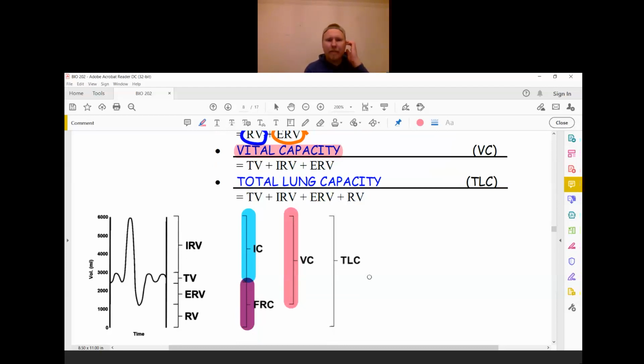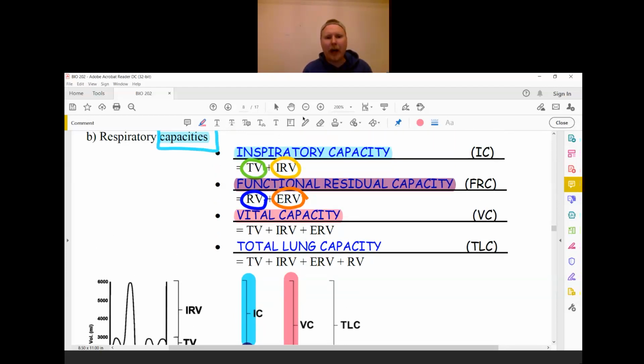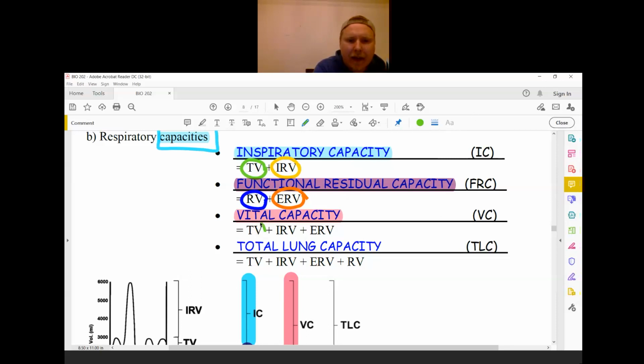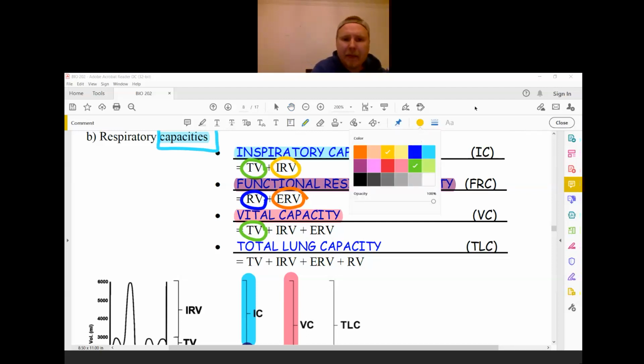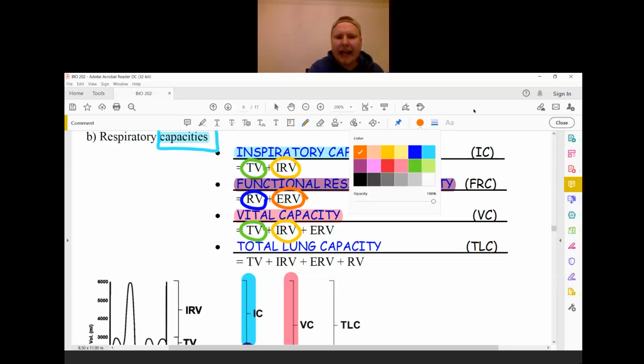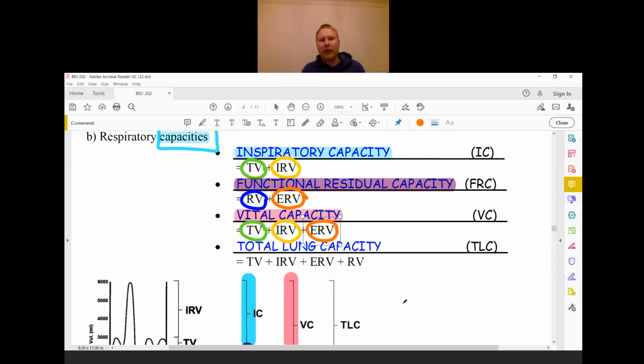It is a measure that we can work out by adding together three: the tidal volume, the inspiratory reserve volume, and the expiratory reserve volume. Those three together.